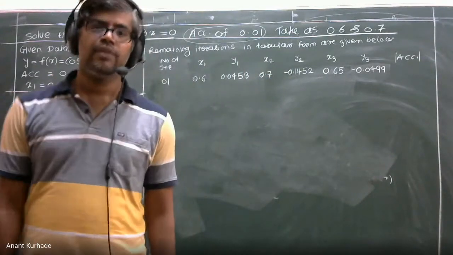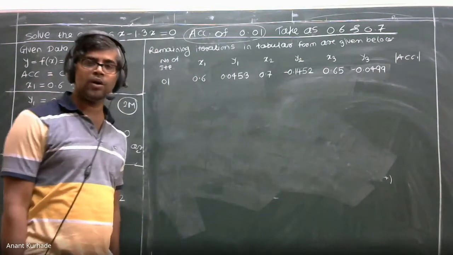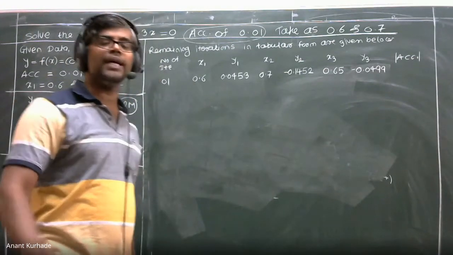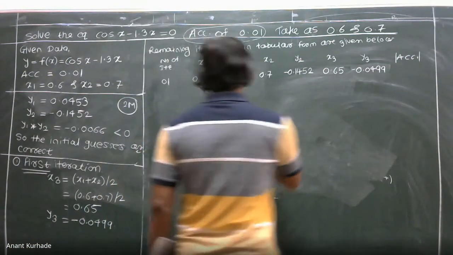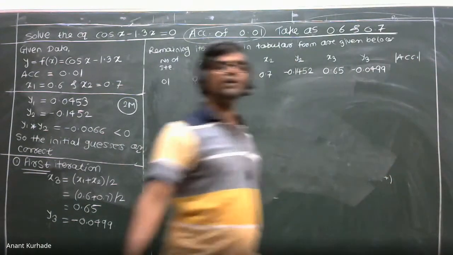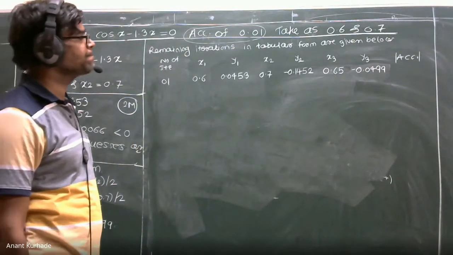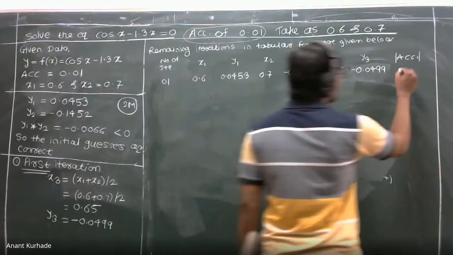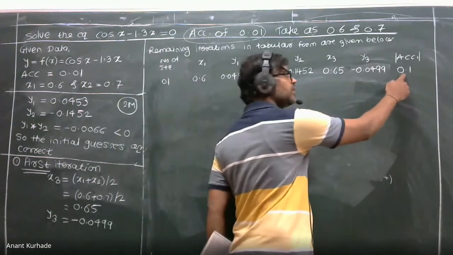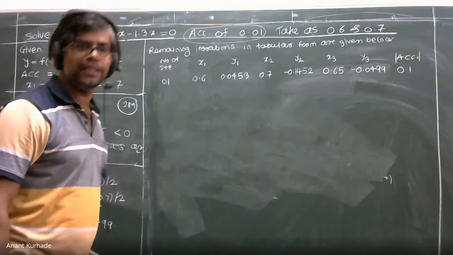Accuracy means the mod of the difference between the guesses, the values of x1 and x2. Here x1 is 0.6 and x2 is 0.7, so what is the accuracy? 0.1. On the basis of this accuracy, we can decide how many iterations we have to perform.